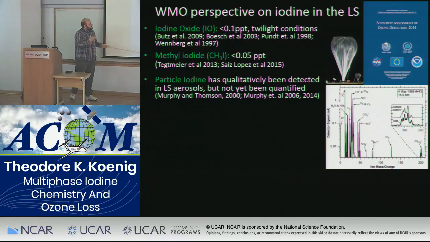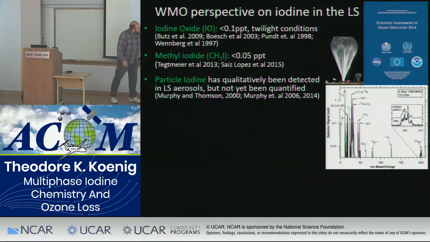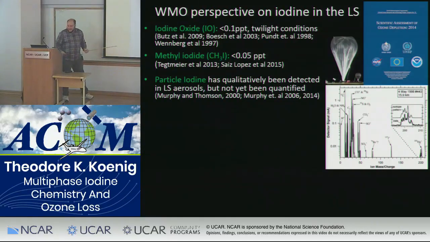But they haven't gotten a quantitative detection of the iodine. Just showing here that you can see the iodide peak will have a tendency to correlate with bromine, and it'll also have a tendency to correlate with mercury content in aerosols around the tropopause.